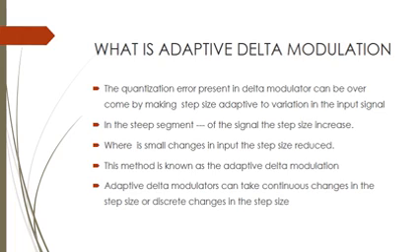In the steep segment, where there is a large variation in the input signal, the step size increases, and when there are small changes in the input signal, the step size is reduced. This method is known as adaptive delta modulation. Adaptive delta modulators can take continuous changes in the step size, or it may be discrete changes in the step size.